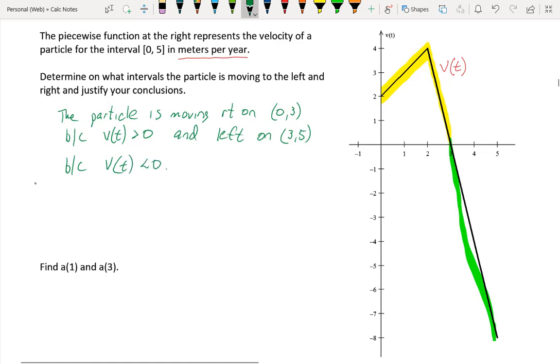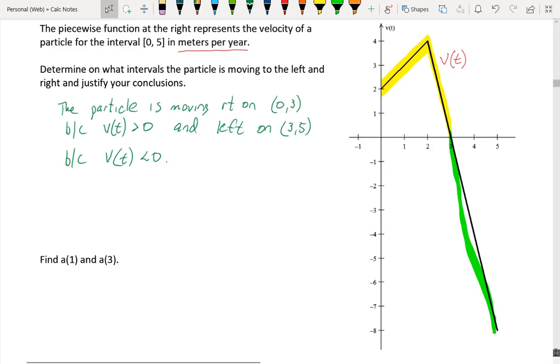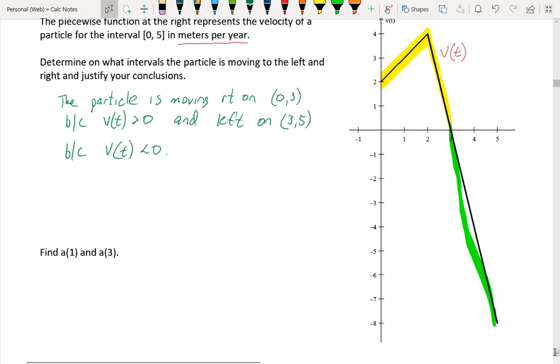Okay? So we justified our conclusion, and then it says find a of 1 and a of 3. Let me see if I can scroll. Do I need to? Okay. So a of 1. Now, if you remember, what they're asking for here is the same thing as asking for v prime of 1.